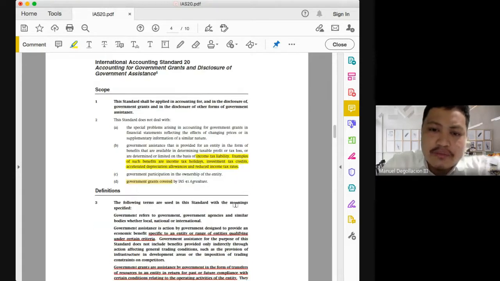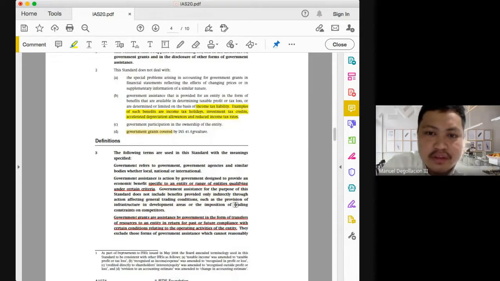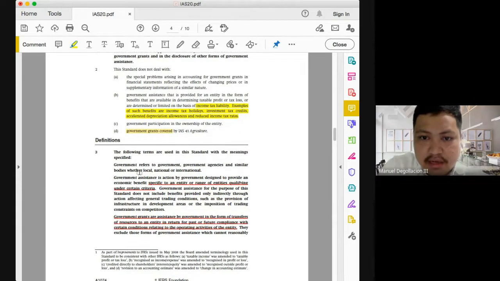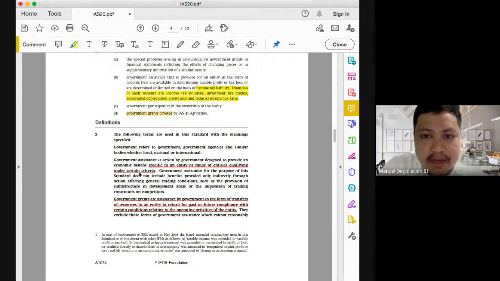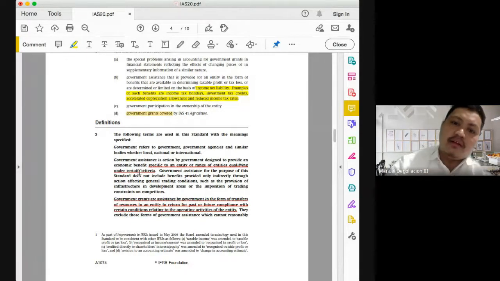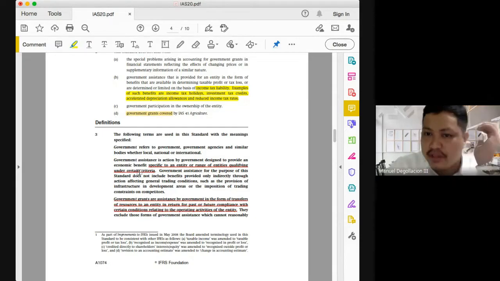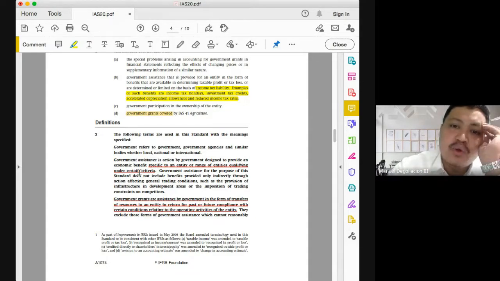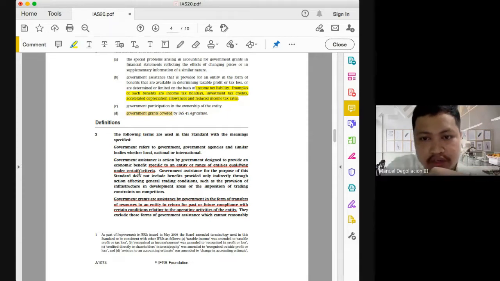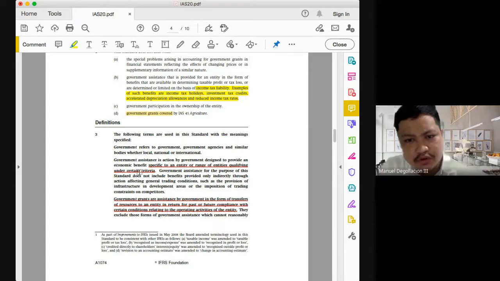Okay. Going by the definition, we're given the definition for government, class, but the takeaway here is that the standard can apply to a grant whether or not the grant is given by a local or a foreign government, class. Okay. So this tells us that government refers to government agencies and similar bodies, whether local, national, or international. Okay. Here, the definition for government assistance, which is again the broader term.